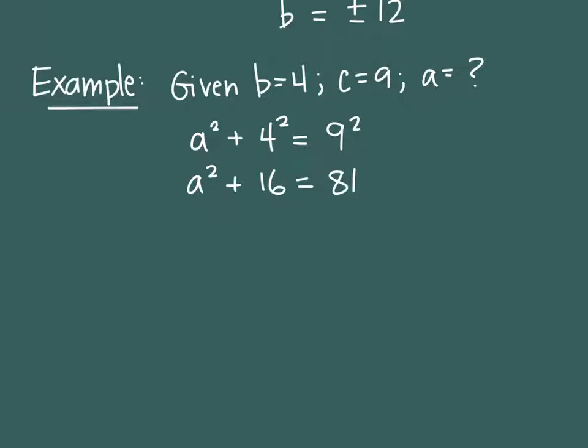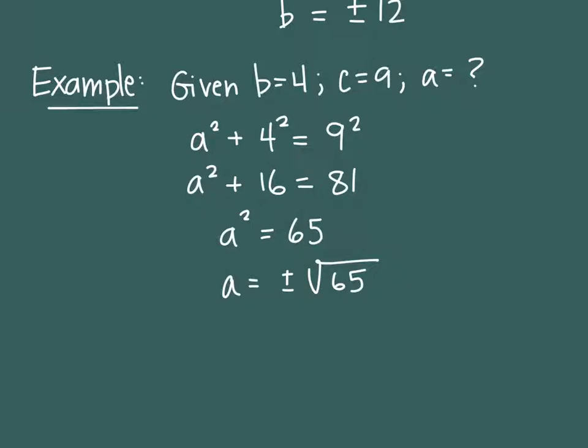Again, we subtract on both sides, so A squared equals 65, and then A would be the plus or minus square root of 65.